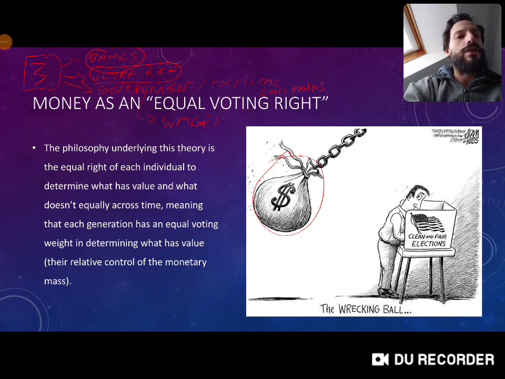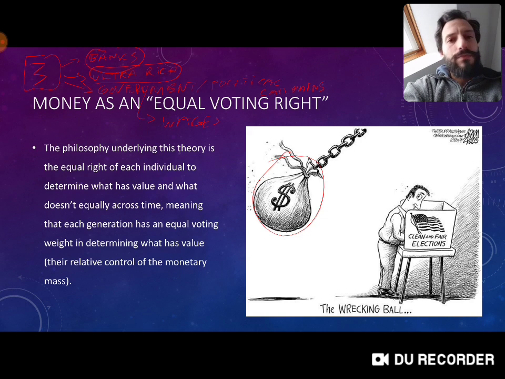In a system based on the relative theory of money, everyone has an equal voting right on what has value across time. So, for instance, if you think that a pop artist is awesome and you go to his concert, you have that universal dividend, you can buy his concert ticket, and he's going to be really, really wealthy after his first concert in terms of the percentage of the total money supply that he controls.